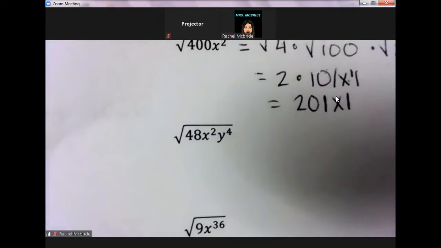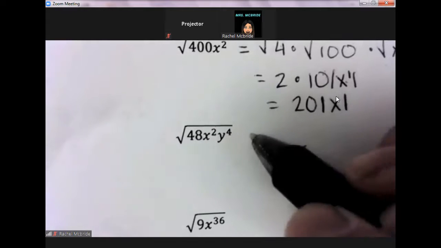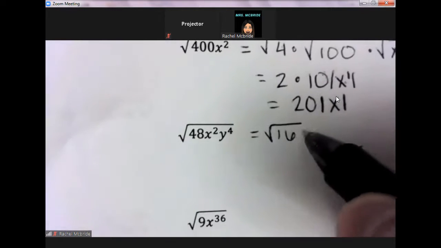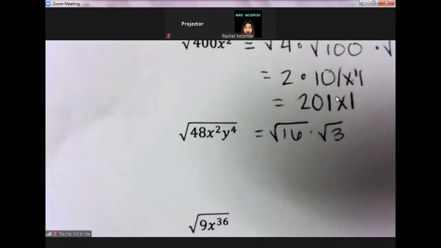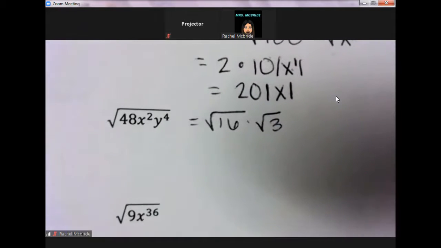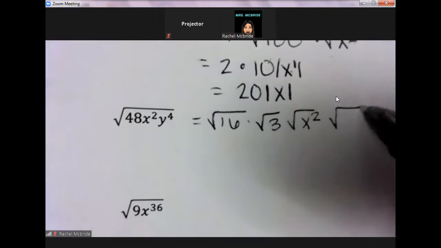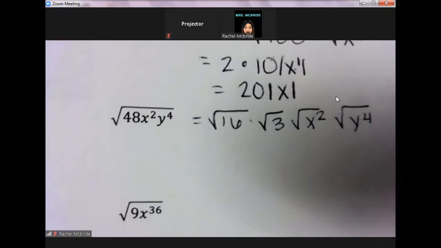What's nice is a lot of times numbers repeat themselves. We already did 48. We know it's 16 and 3. Two variables doesn't change the rule. So it's still like looking at the square root of x squared and the square root of y to the 4th, so we treat them as individual parts.